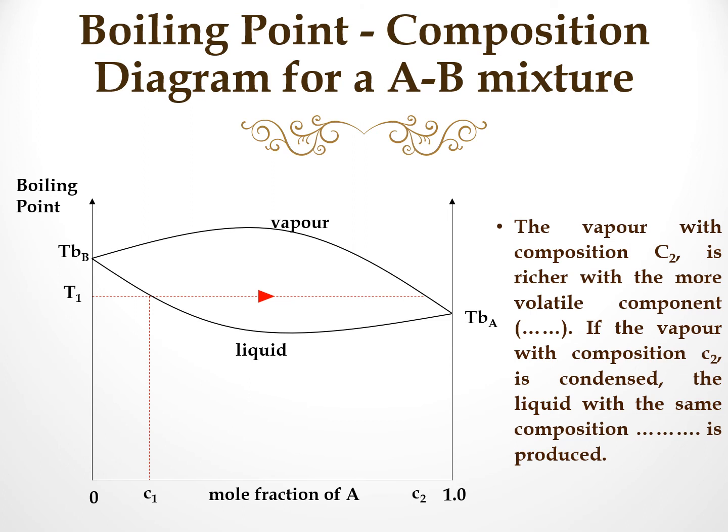The vapor with composition C2 is richer in the more volatile component. More volatile means lower boiling point, means it will boil easier. So you have to look at the graph. So A is more volatile. So A is the answer.